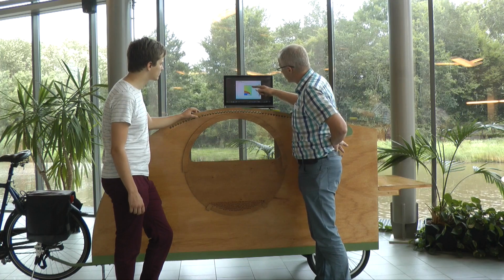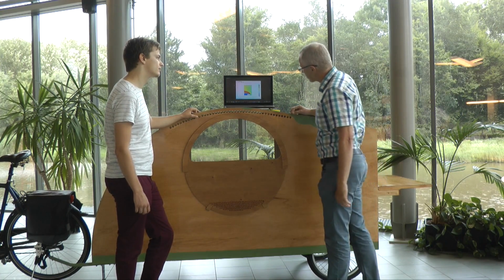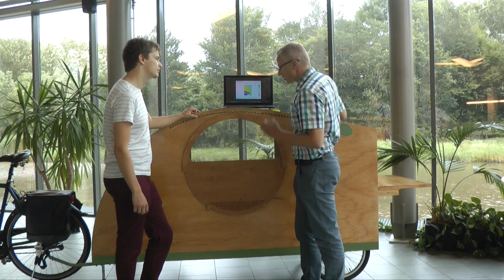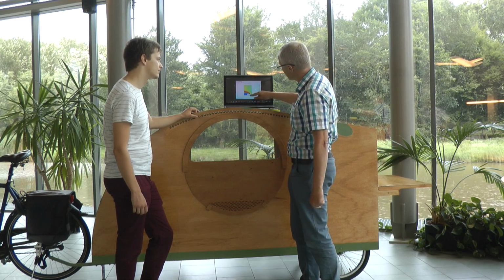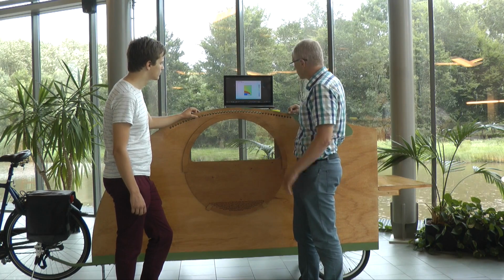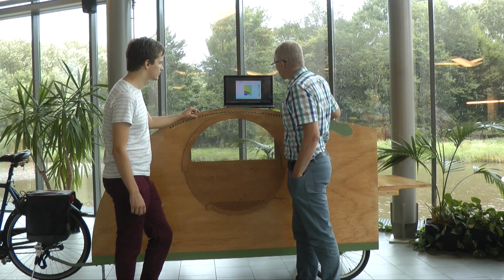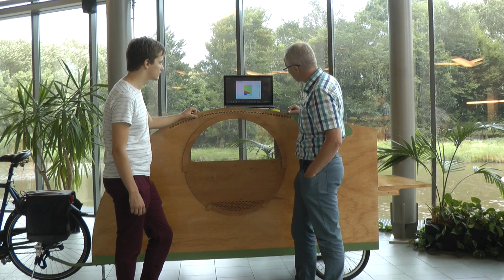The green part is where the flow is about 5.5 meters per second. You must imagine that you are sitting on the van, and the air is coming towards you with the speed of the van, which is about 20 kilometers per hour.